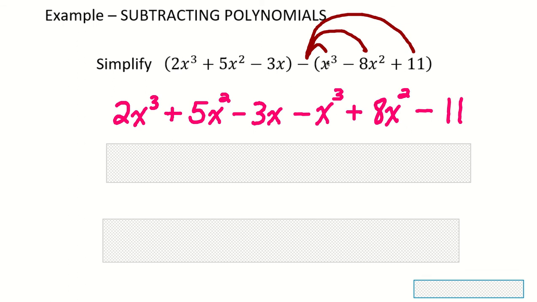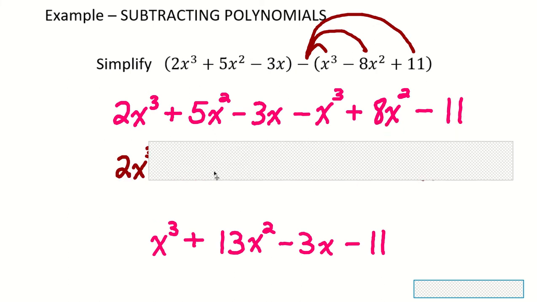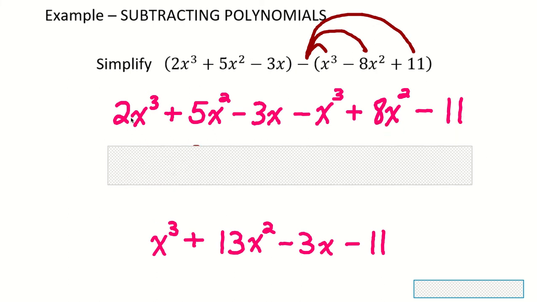A lot of people mess this up, even honors students, whatever that means. And I'm pretty sure we can just skip ahead to this. I don't even think we have to worry about that. Because all that's doing is, okay, this term is an x to the third power term, and then this term, so these two terms can combine because they are like terms.